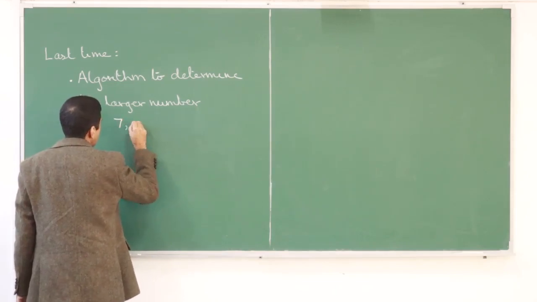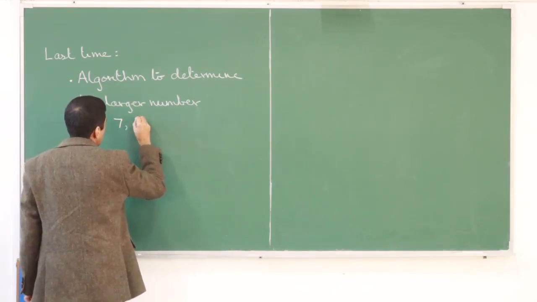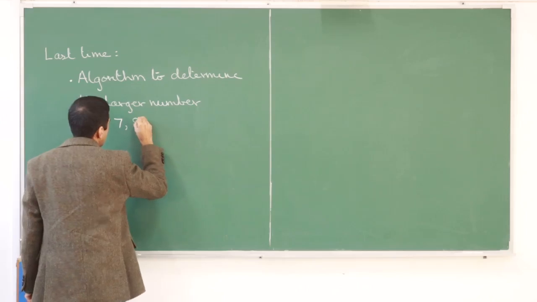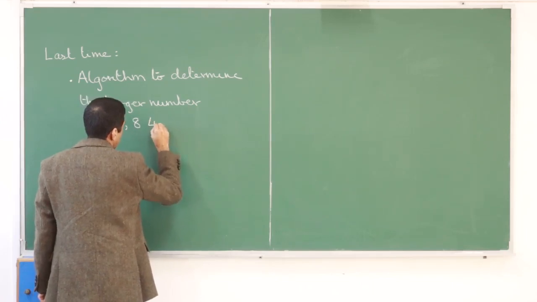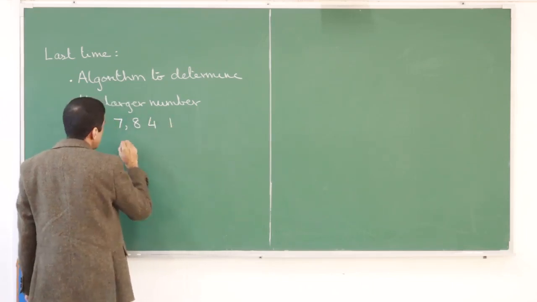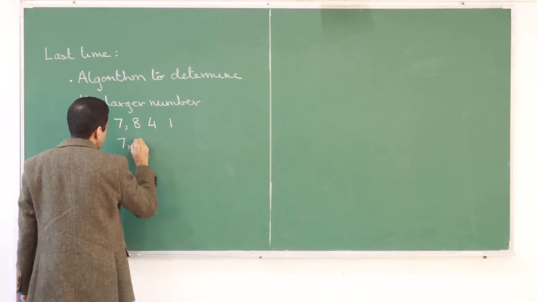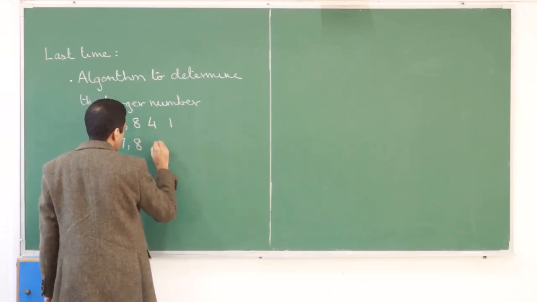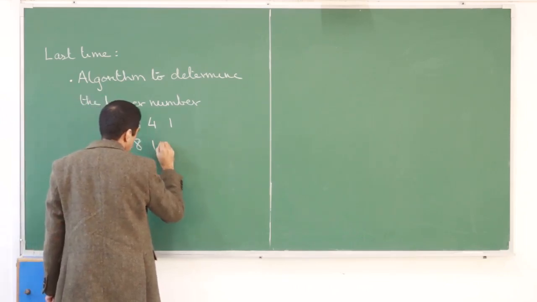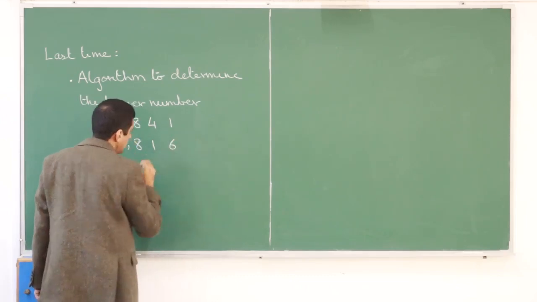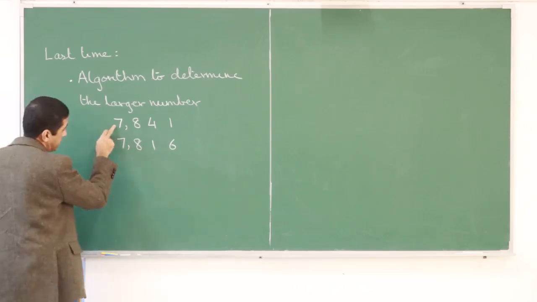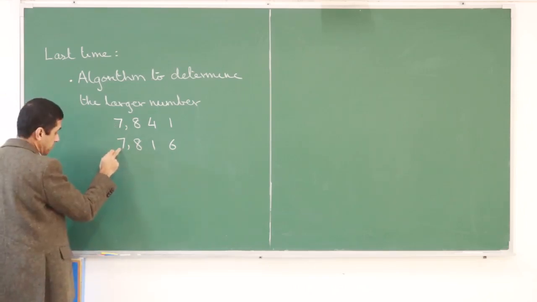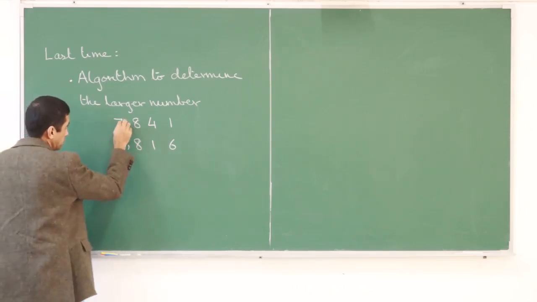If you have a number like 7,841 and another number like 7,816, and you want to figure out the larger number, we start from the left. 7 is equal to 7, so we ignore it.